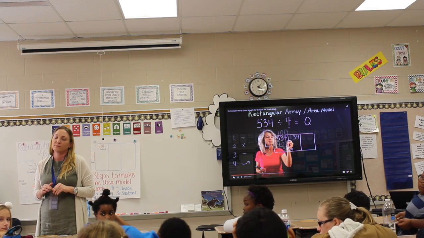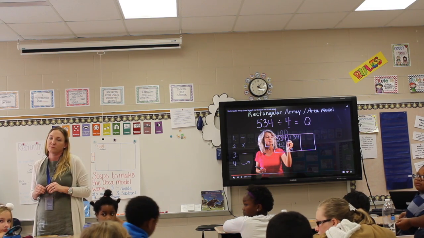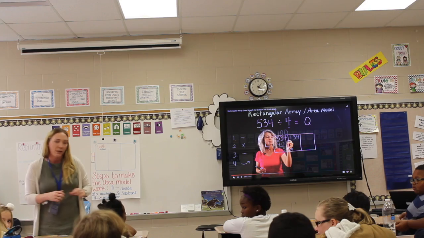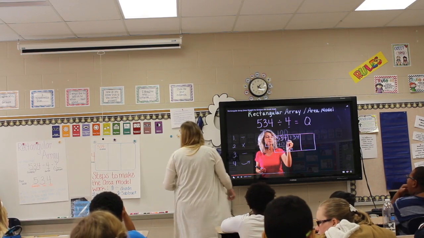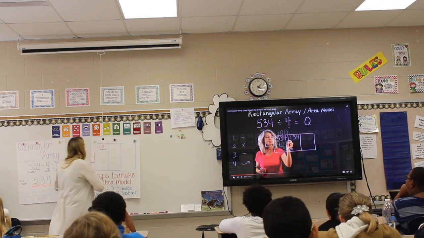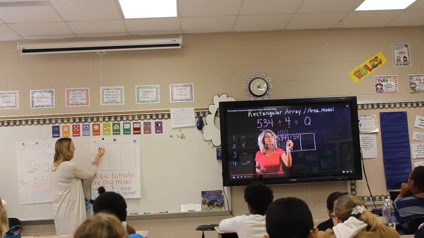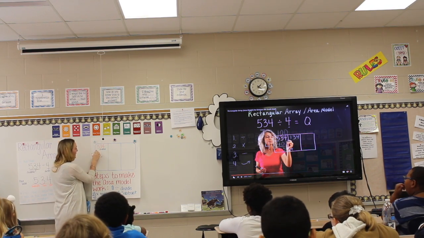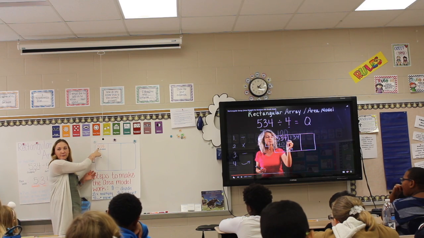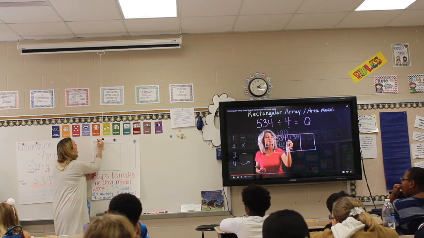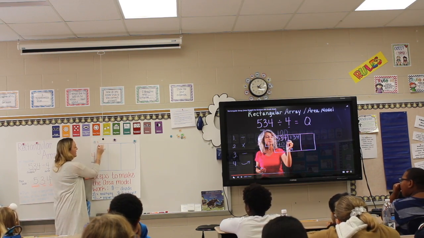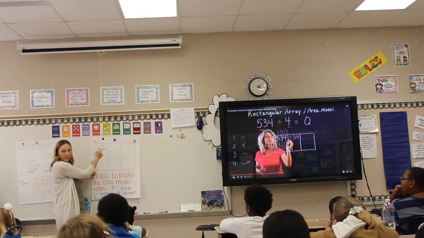How did they get the 400? Yeah, how did she get the 400? Okay, so on here, I'm going to borrow this marker real quick. It's the same equation. She decided to ask, how many times does the 4 go into the 5? 1. Okay, so it went in there 1. And this is in the hundreds column, correct?